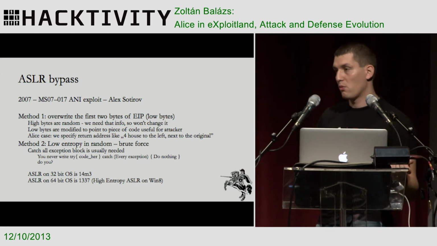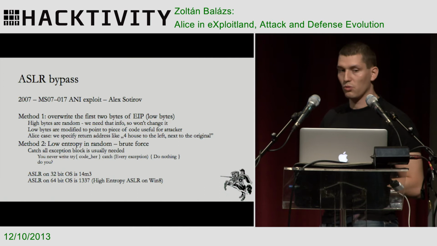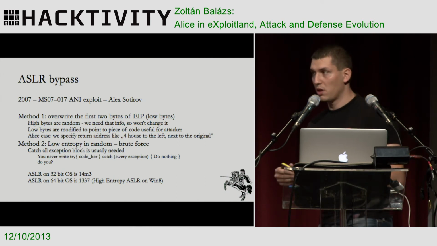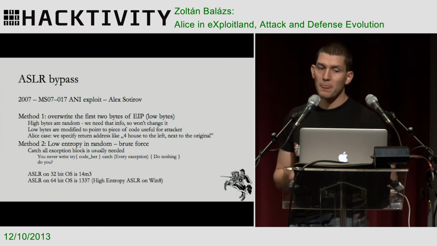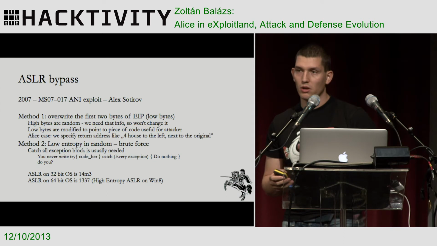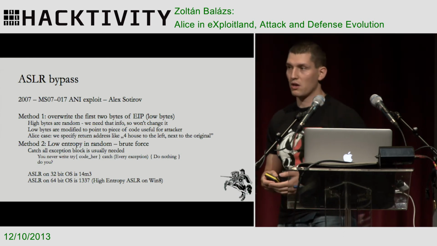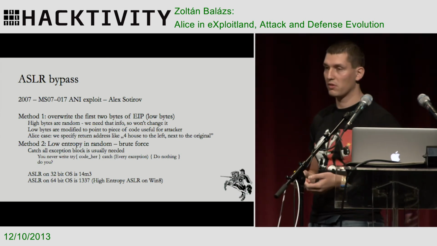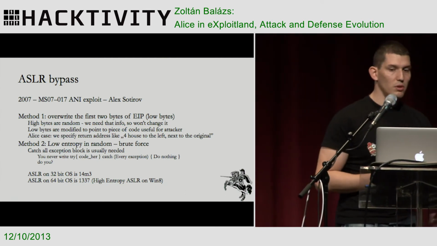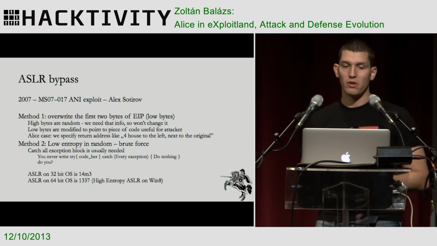For example, the very first exploit used this second method, and it was a very big thing at that time. What is really important here is that ASLR is not really effective on 32-bit systems. You need 64-bit systems in order to get real prevention.